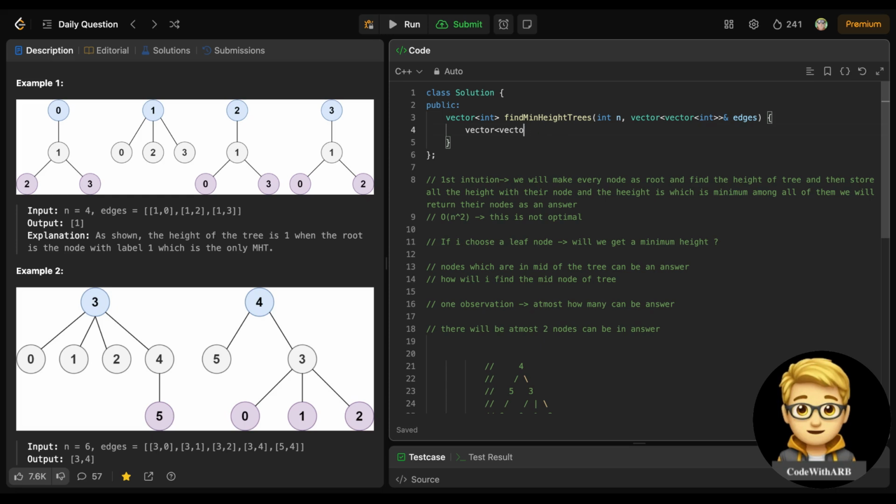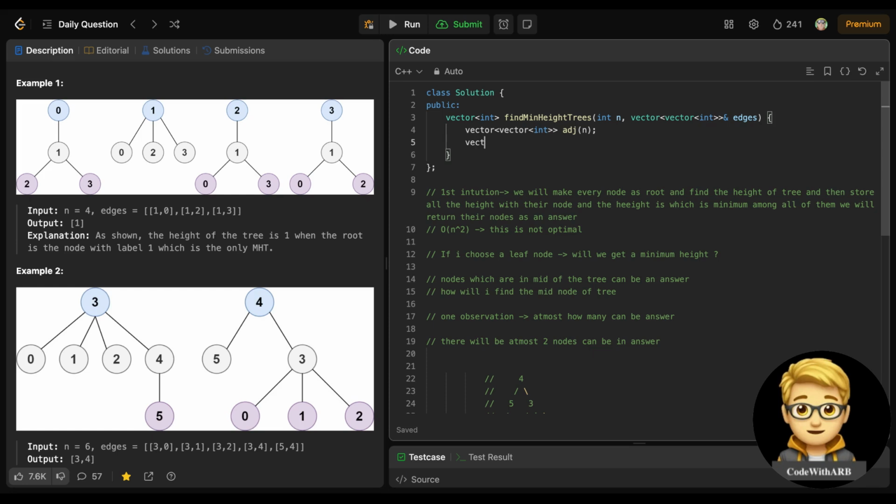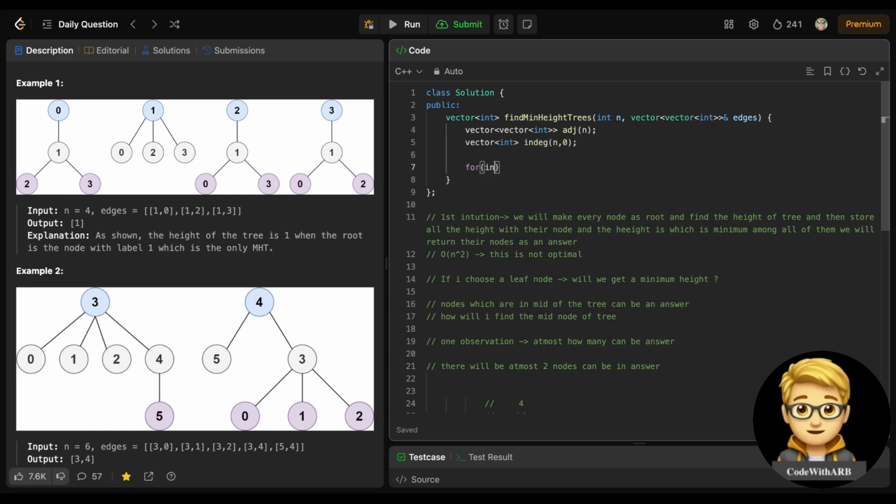For maintaining the adjacency list, this should be on your tip, or memorized, because it will be used in a lot of graph problems. Here you need to maintain an in-degree array, initialized with 0. Now I need to move through the edges, right?